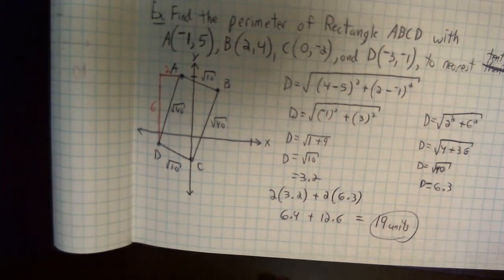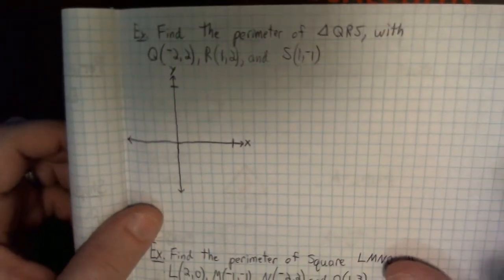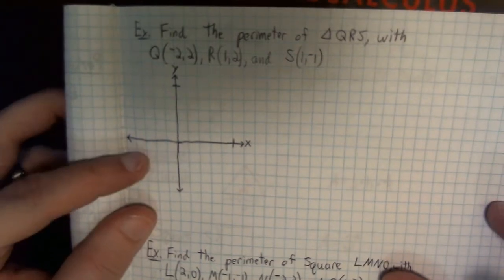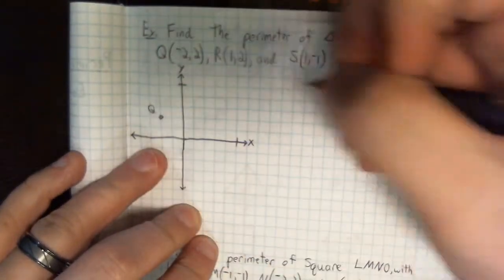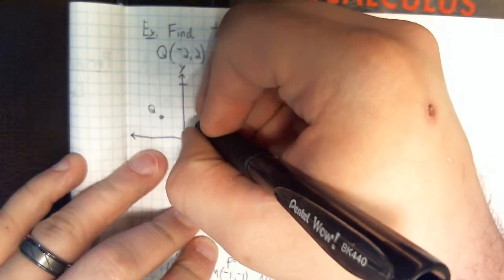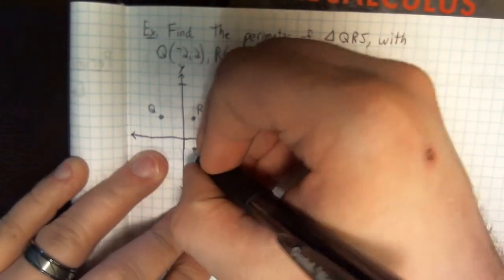We're going to do one more example on screen, and then I will give you the opportunity to try one on your own. So let's check out this problem right here. This next problem we're going to do together says find the perimeter of triangle QRS with Q at -2, 2, R at 1, 2, and S at 1, -1.